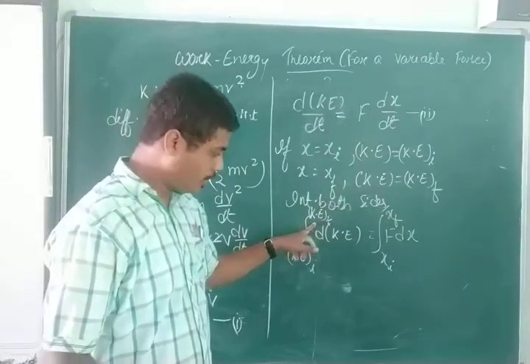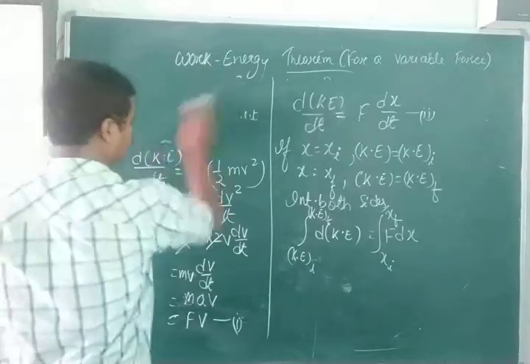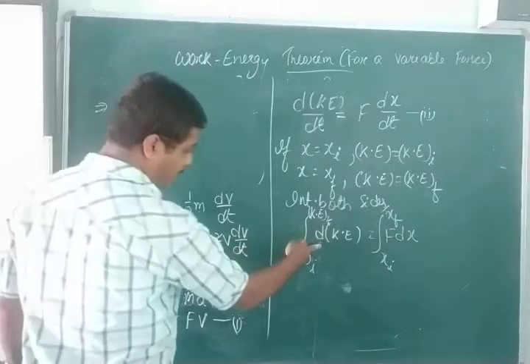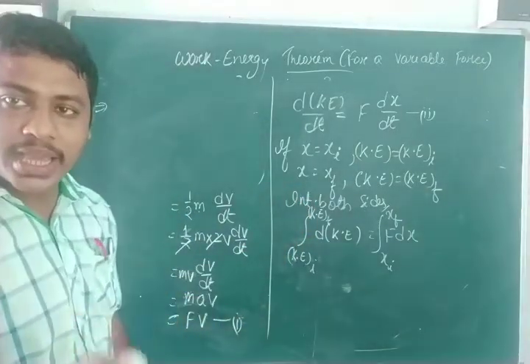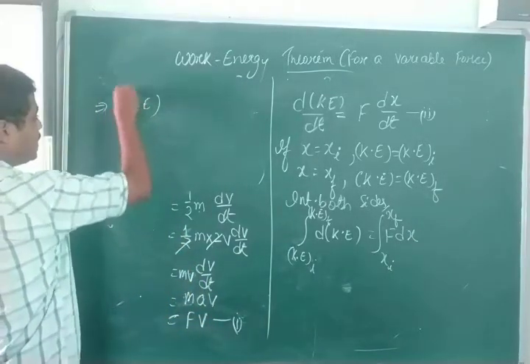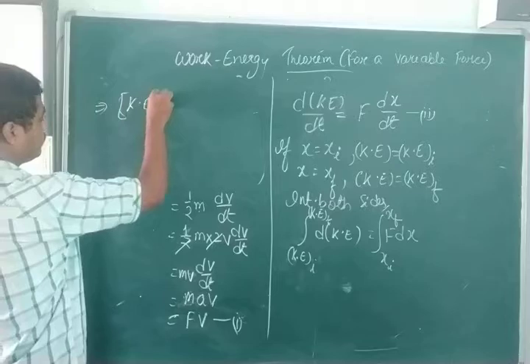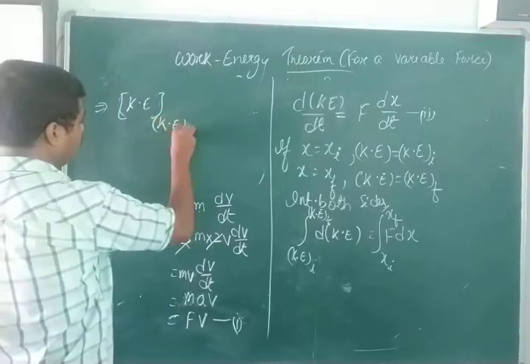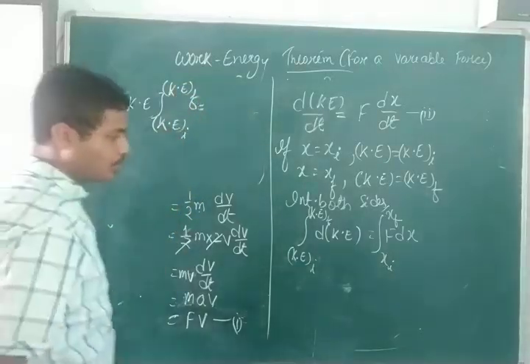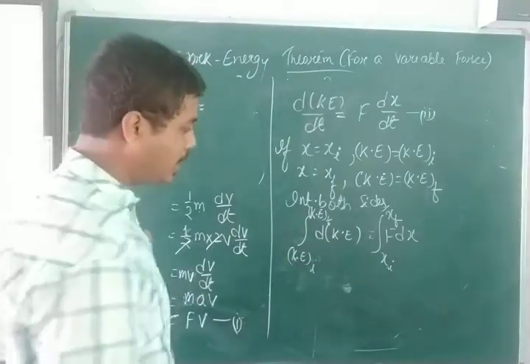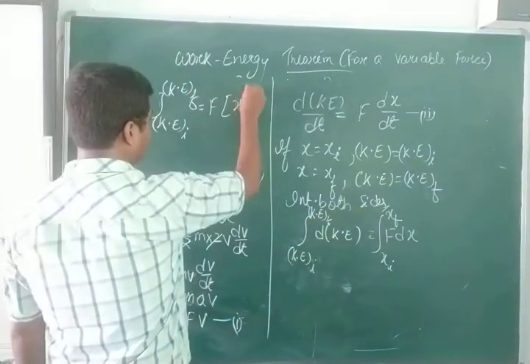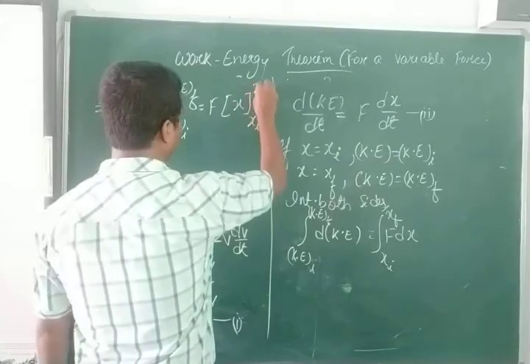Next, if I solve it, the integration of dx is x, and the integration of dKE gives KE, that is kinetic energy. So we have to put the limits, kinetic energy initial to kinetic energy final, equal to F comes out, so it will be F x from xi to xf.